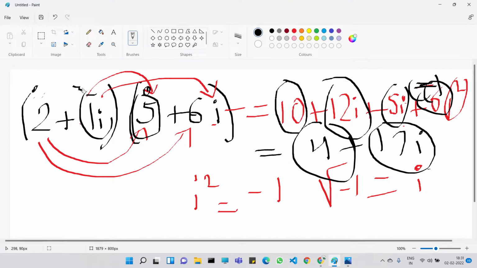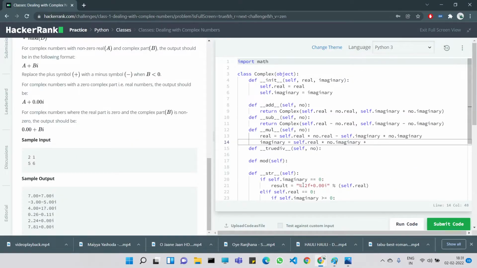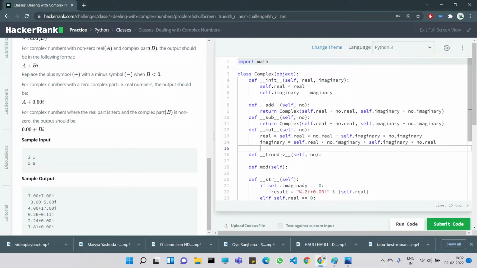That's going to be self dot imaginary multiplied by number dot real. Self dot imaginary multiplied by number dot real. Okay, we finally got the real, and so let's return it. Complex of real comma imaginary. Then we can move on with the next part, true division.